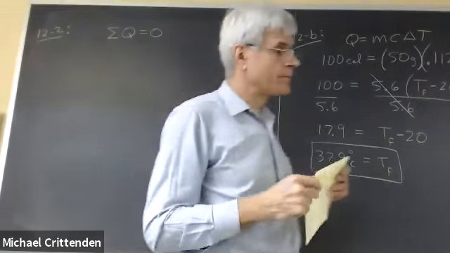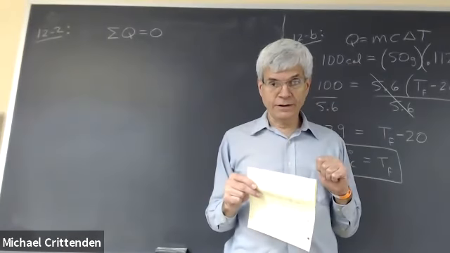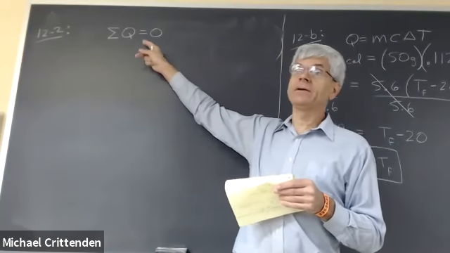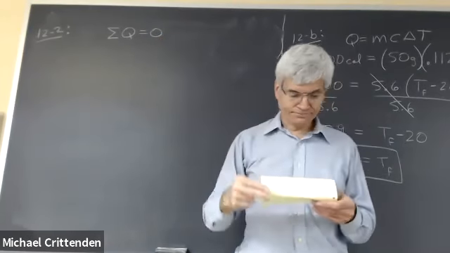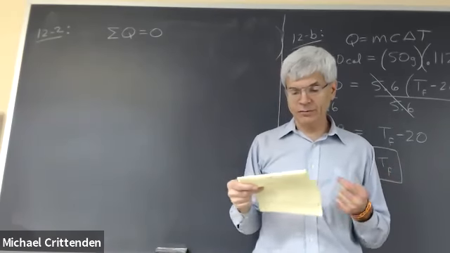Just like the other one, the starting point is conservation of energy. Summation of the heats equals 0. The heat gained by the cold stuff equals the heat lost by the hot stuff.